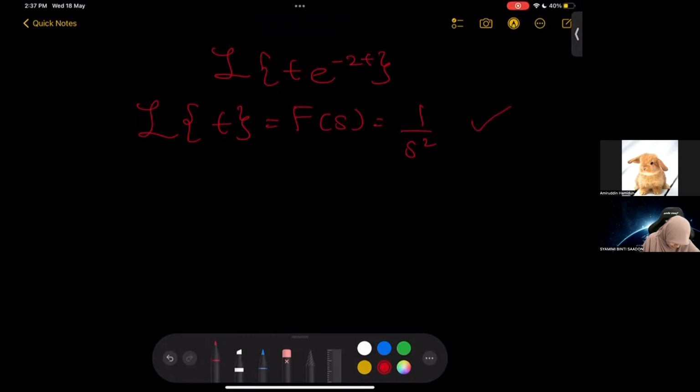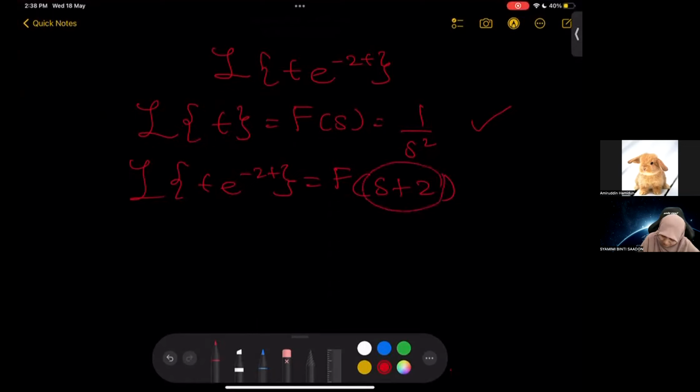Kita dah buat dah. And then so kalau kita nak buat Laplace transform of a t exponential minus 2t, okay, kalau ikut property tadi, definition property tadi, dia akan jadi s tambah 2. Property yang shift property tadi, second shift property. So kita boleh guna yang ni. So it's as if, okay, kita punya dalam ni adalah macam S ni juga.